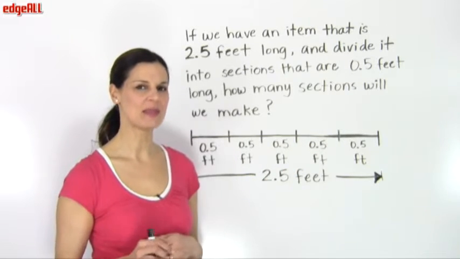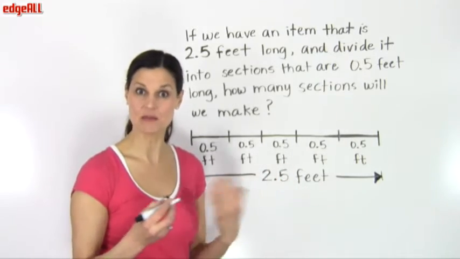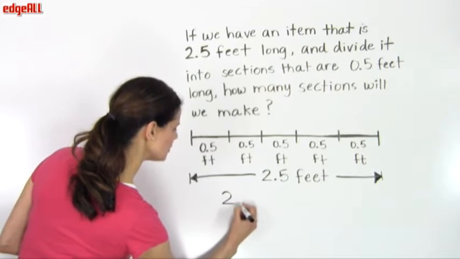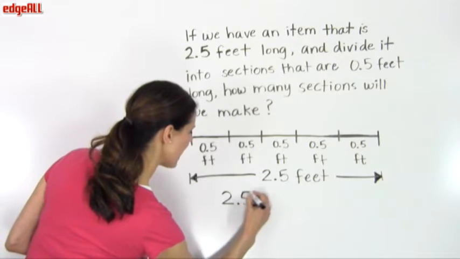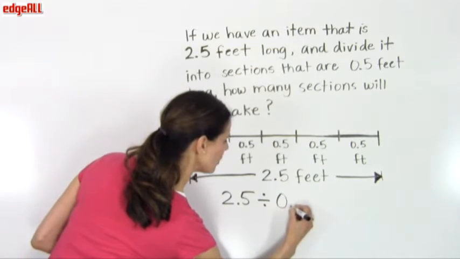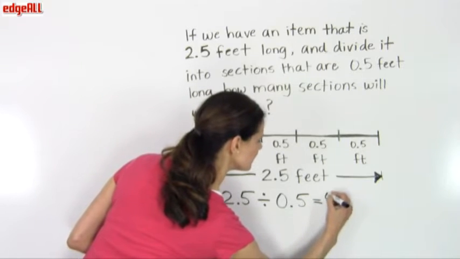So if we were to write this problem using a division sentence, write it mathematically, it would look like this: 2.5 divided by 0.5 equals 5.